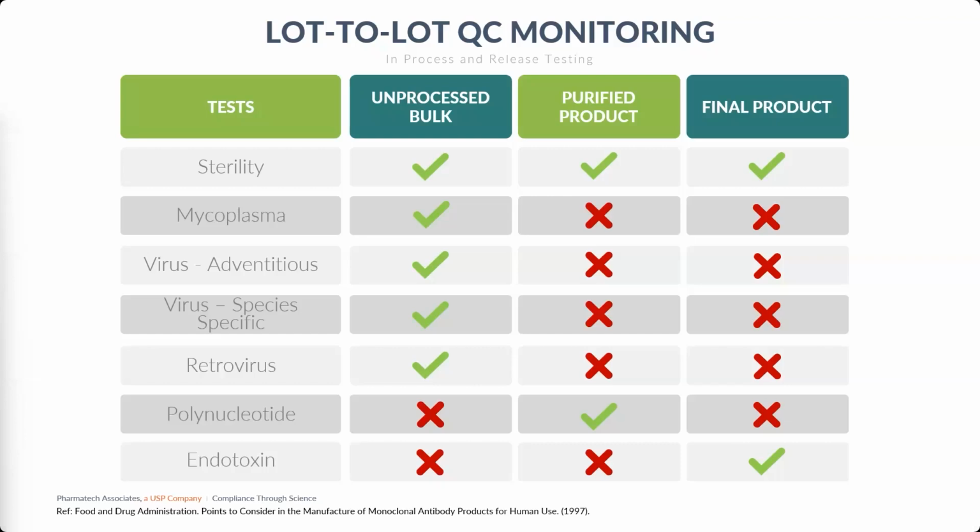In terms of adventitious materials like proteins, endotoxins and nucleic materials, generally here you're obviously going to have those potentially present in the bulk material, but through the purification process they should have been removed. And so the purified product for nucleic acids obviously would want to be tested.